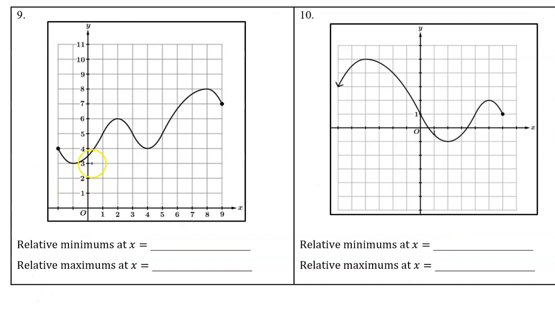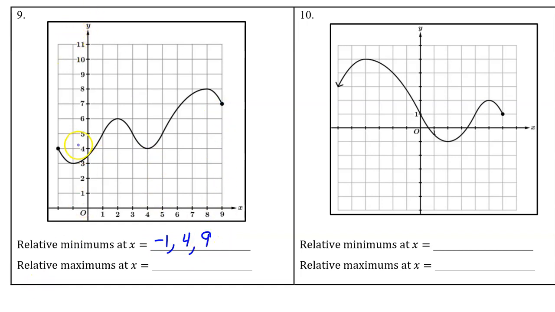Number 9 has relative minima here, here, and here. This graph does have a limited domain, so the endpoints count when we talk about relative maxima or minima. So we have relative minima at x equals -1, 4, and 9.